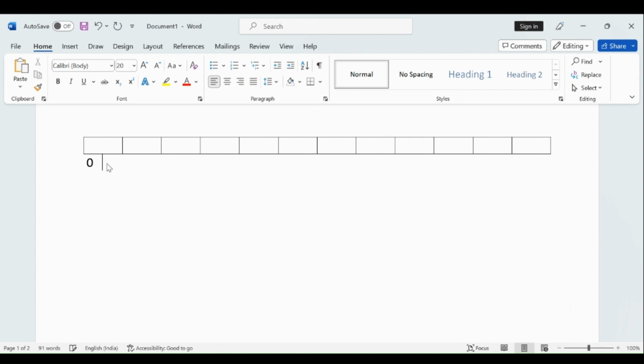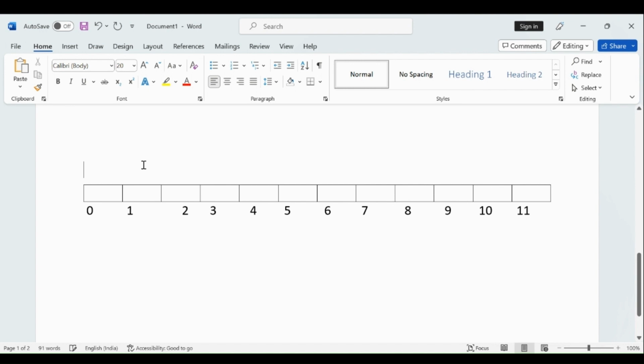This cell represents amount 0, this represents amount 1, this represents amount 2, similarly 3, 4, 5, 6, 7, 8, 9, 10, and 11. We are given coins 1, 2, 5 and the amount given to us is 11.